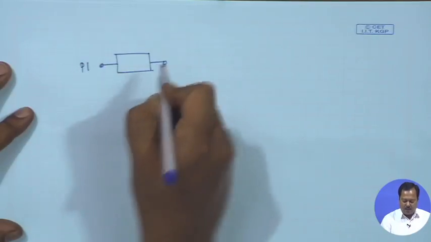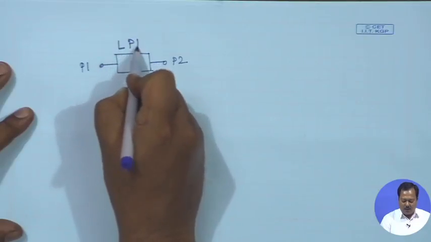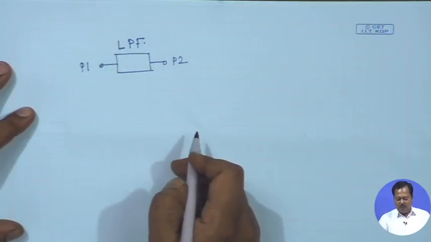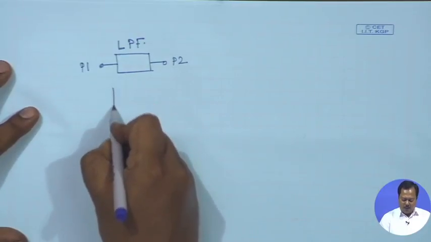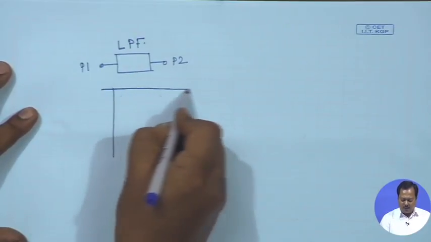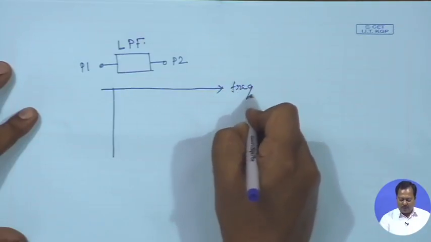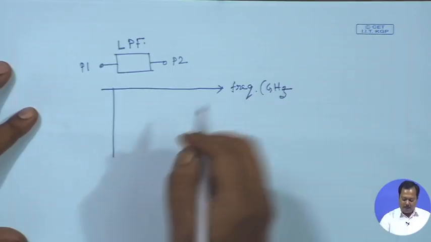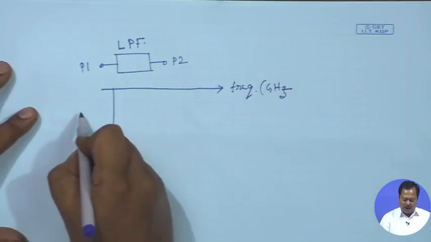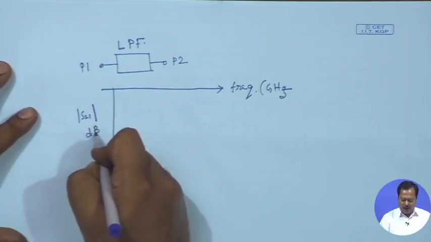This is port 1, this is port 2, and it is behaving as a low pass filter. Now, if I plot S21 versus frequency, along the x axis I am representing frequency in gigahertz, and along the y axis I am representing magnitude of S21 in dB.